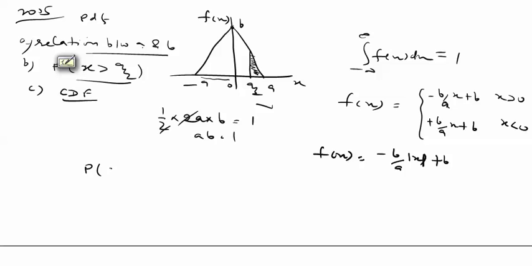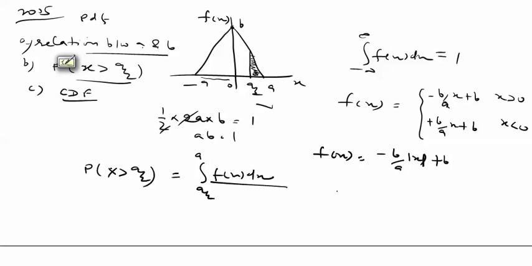In the second case, x is greater than a by 2. In the same way, we have to calculate the area from this to this, integral of f(x) dx, up to infinity. From a to infinity, no value exists, so we put a here.